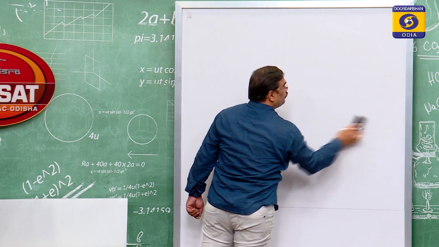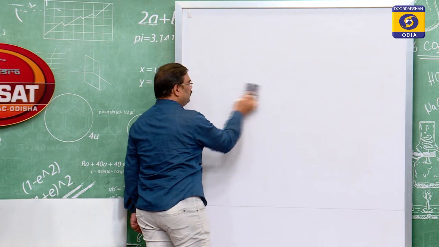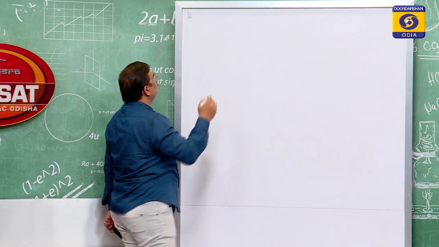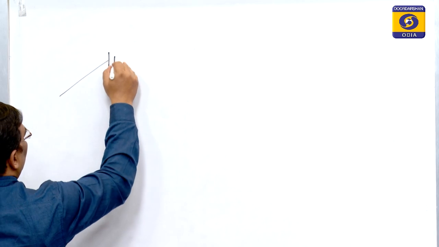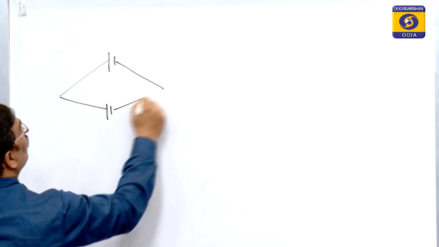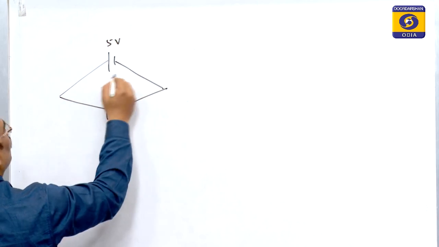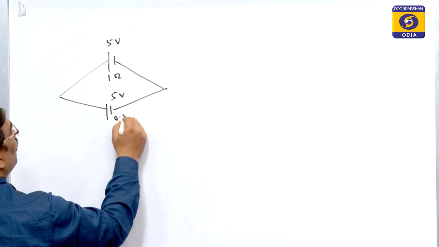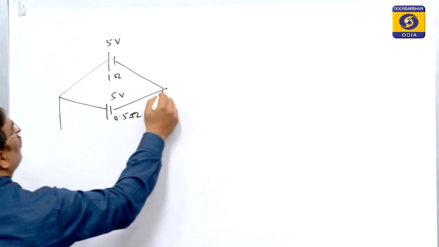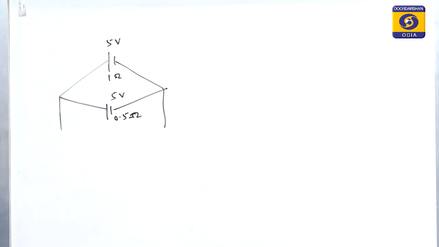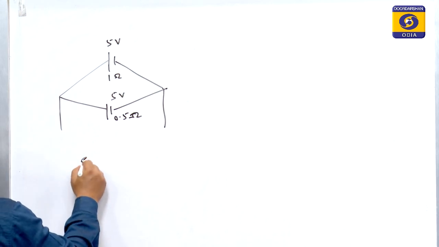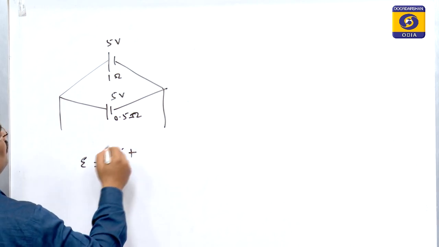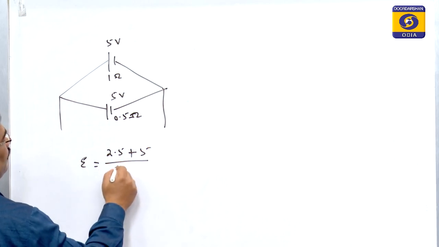Suppose there are two cells, one is 5 volt with 1 ohm internal resistance, another is also 5 volt with 0.5 ohm internal resistance. What is the terminal potential? The terminal potential will be E equal to 5 into 0.5, 2.5, plus 5 into 1, 5, divided by 1.5.